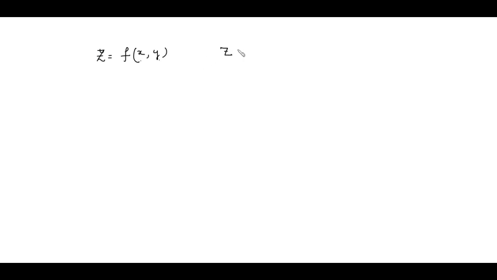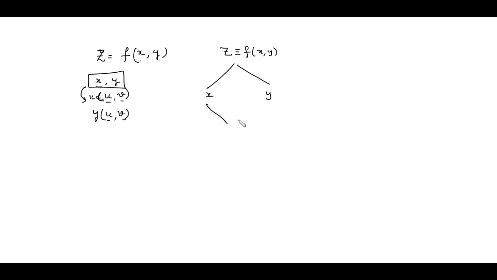So using a tree diagram, we have z, a function of x and y. Now further, x and y are functions of u and v. Both these independent variables depend on some other variables u and v.